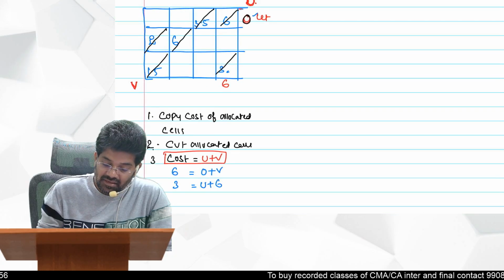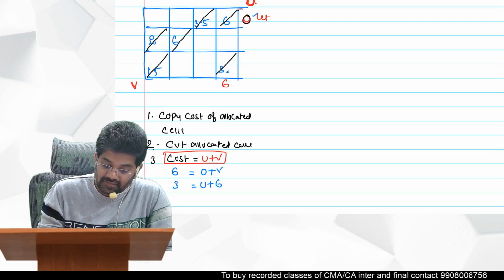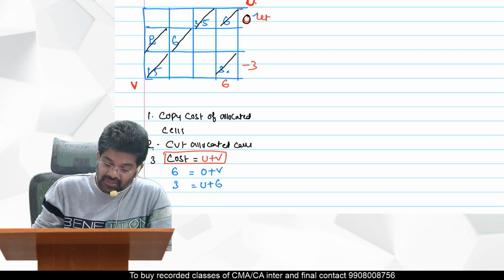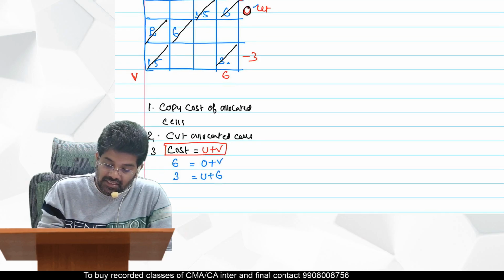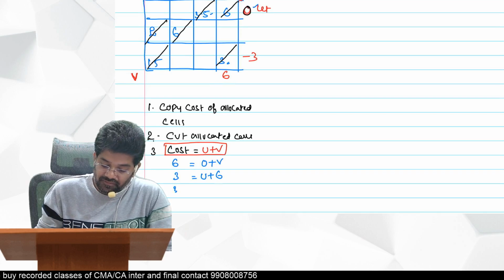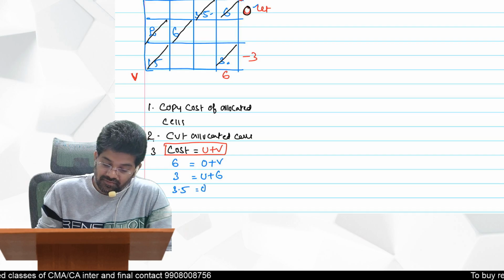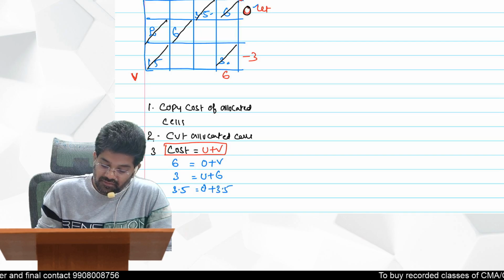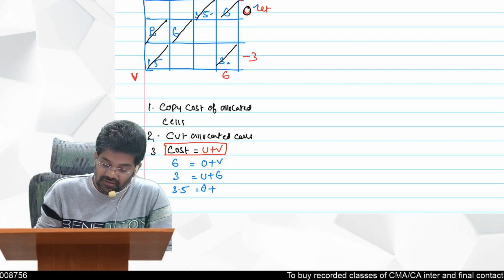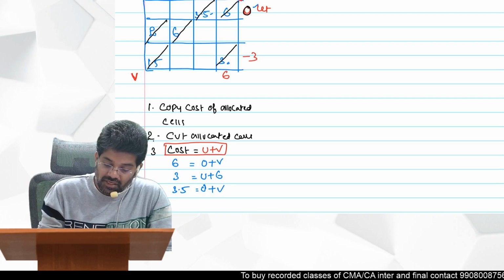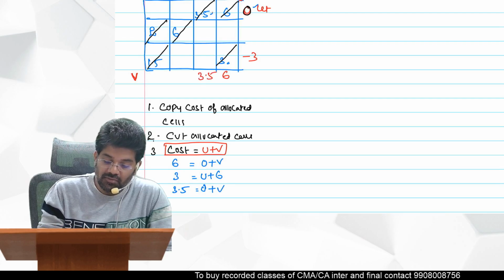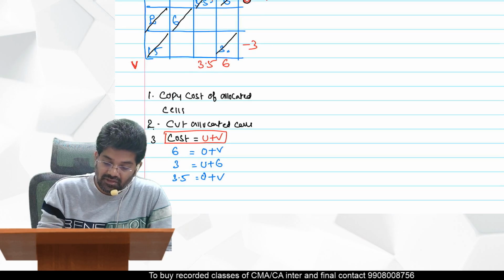If it is minus 3, then 6 minus 3 gives 3 inside. Next allocation, you have 3.5 cost. This one is 0, U is 0. So V must be how much? 3.5 only, no? This must be 3.5. Then only 3.5 will match according to the equation. Okay, next.